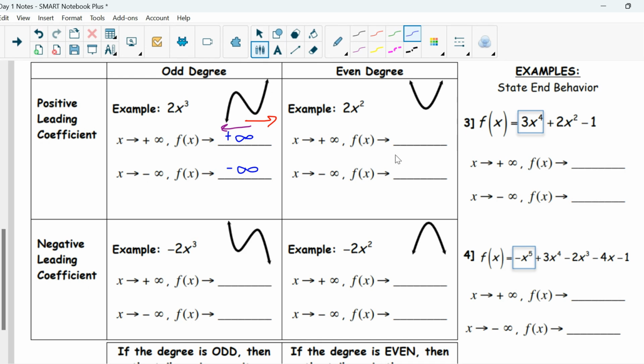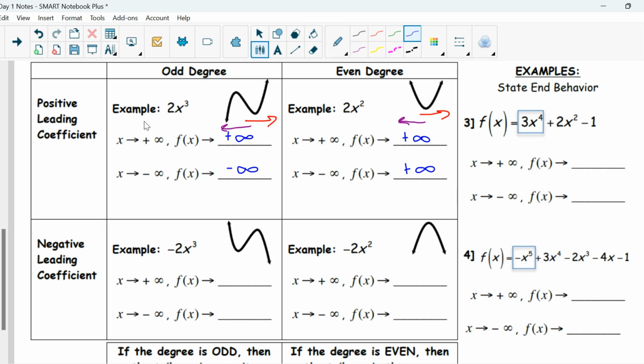If it is even degree with a positive leading coefficient, as we head in the positive x direction, our function is heading up, or in the positive infinity direction. And as x approaches negative infinity, when we head to the left, our graph is once again heading upwards to the positive infinity direction.